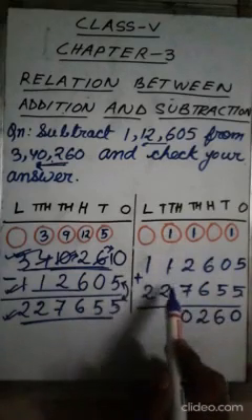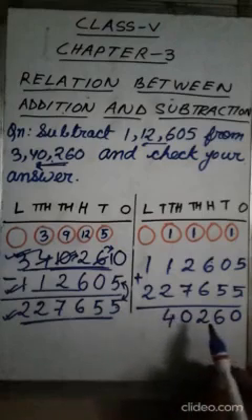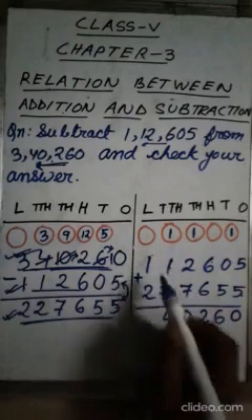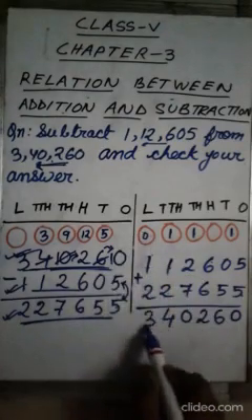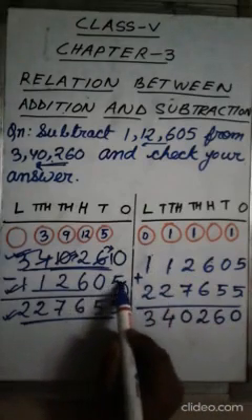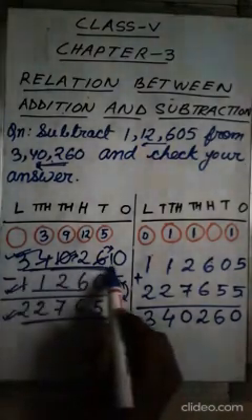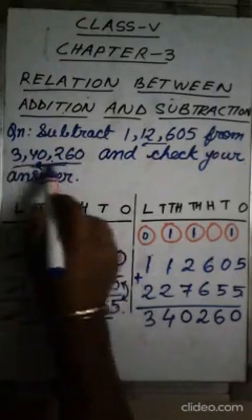1 plus 1 plus 2 is 4. Then 1, there is no carry, so it is 0. 1 plus 2 is 3. So after addition of the subtrahend and difference, we have got the number which was the minuend.